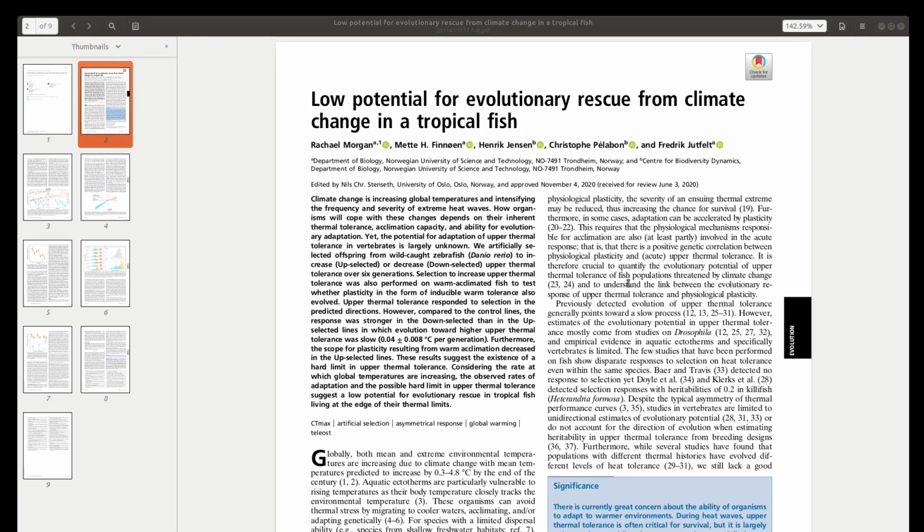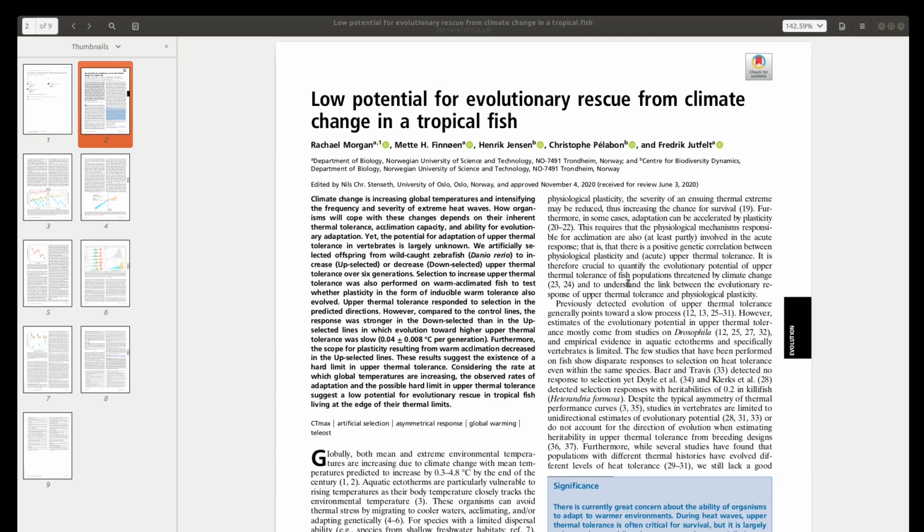So in this population that they brought into the aquarium in the lab, they artificially selected fish that were high in their tolerance of increasing temperatures, high in their thermal tolerance. And they also selected for fish that were lower in their thermal tolerance.